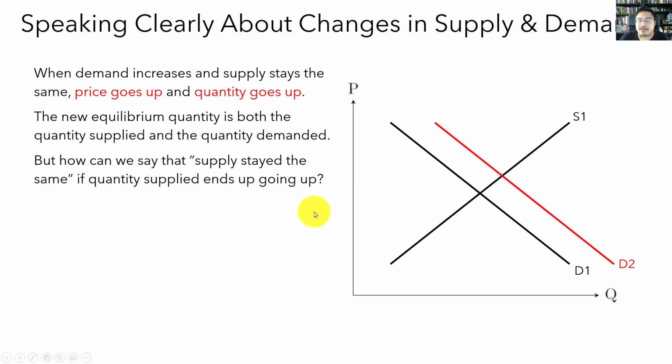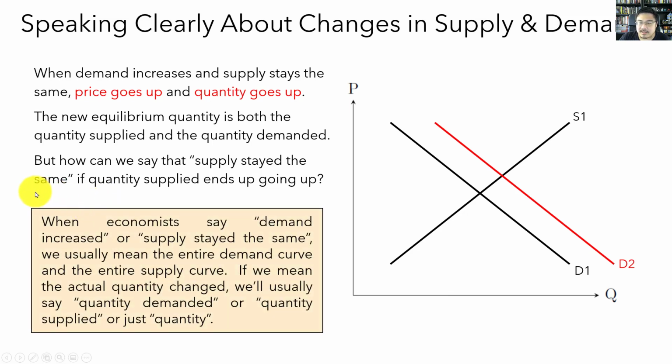But here's the problem. How can we say that supply stayed the same if the equilibrium quantity supplied actually went up? So do you see the confusion? We started off by saying that demand increases and supply stays the same, but we ended up showing that actually both quantity supplied and quantity demanded increased. So what gives?